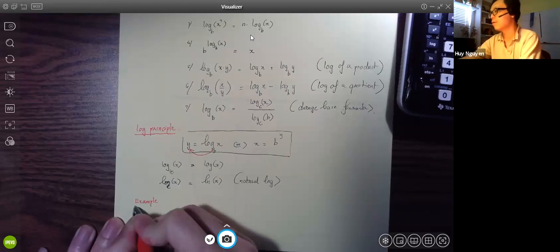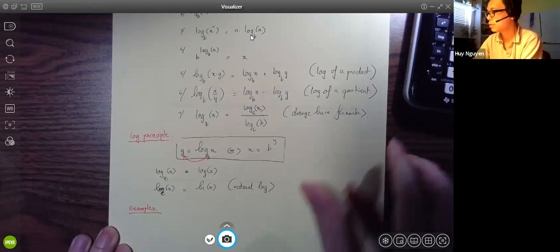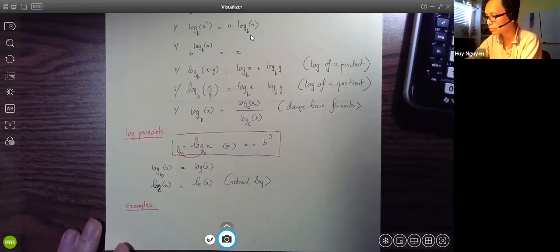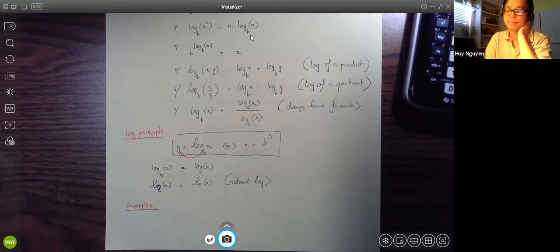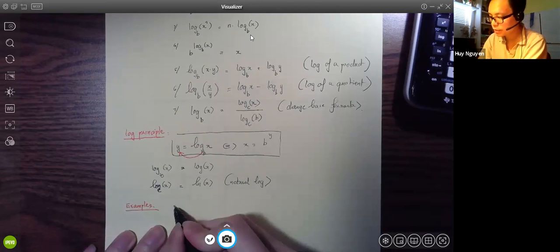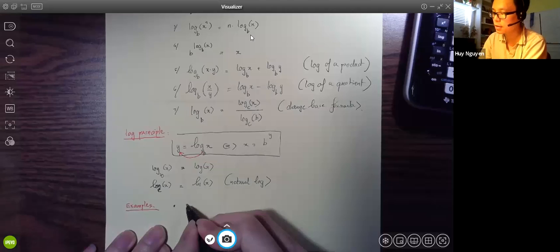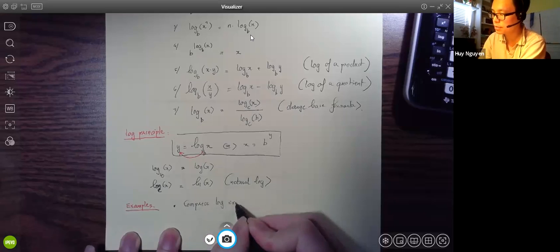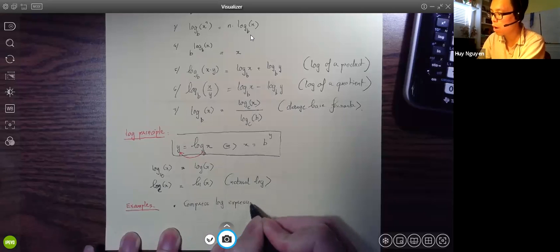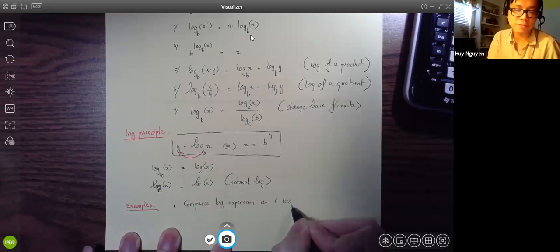In this example, we're going to use the properties of the log, which are these 7 properties right here, to deal with 2 different types of questions. The first type of question is compress a log expression as one log.